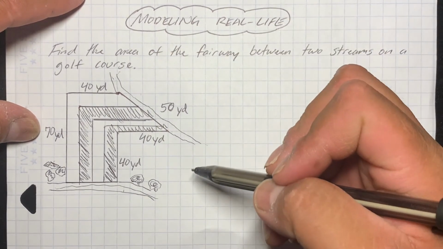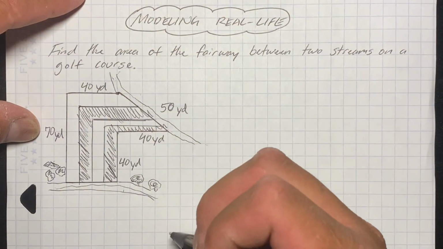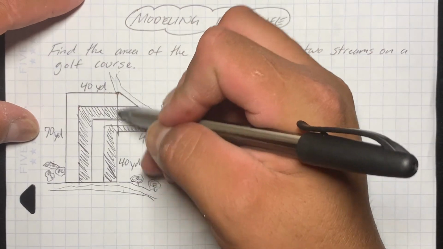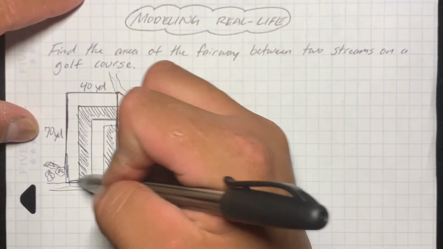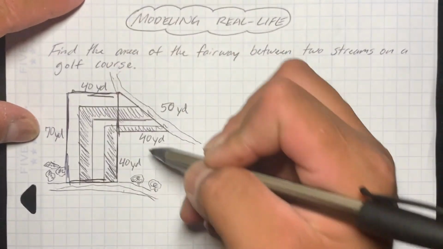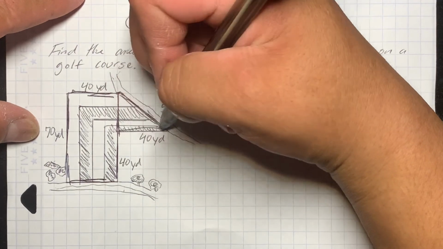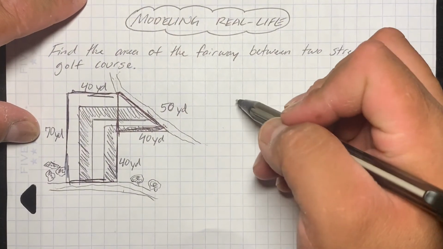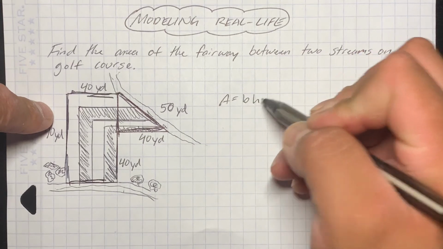So if I look at this again, and I want to make this easier, I know that this is a square or a rectangle, and this is a triangle. I do know that the formula for a square is area equals base times height.